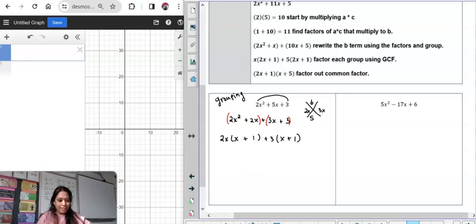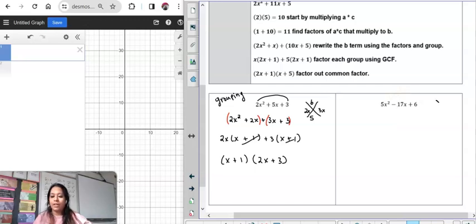If I do everything right up until this point, I should have the same thing in my parentheses. And that actually is my common factor. That's one factor. And then the remaining factor would be 2x plus 3. Whatever's remaining, 2x plus 3. And that's that. I'm going to do one more example here.